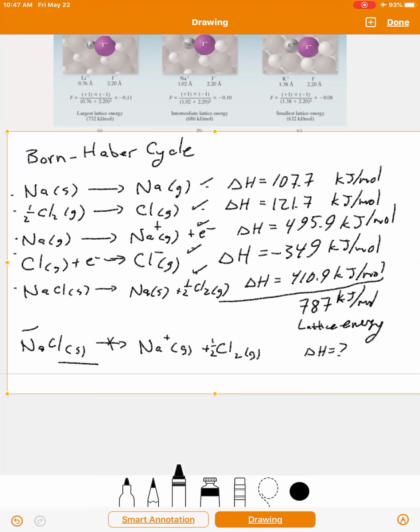So take a look at what happens. The sodium solid cancels. The sodium gas cancels. The chlorine gas cancels. The electrons cancel. The 1/2 Cl2, I'm sorry, I made a mistake down here.